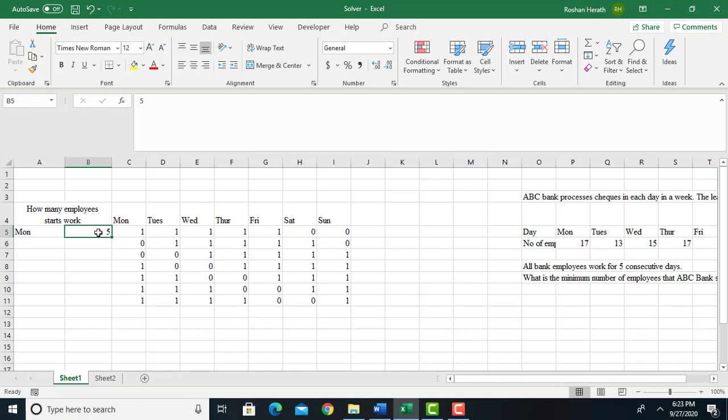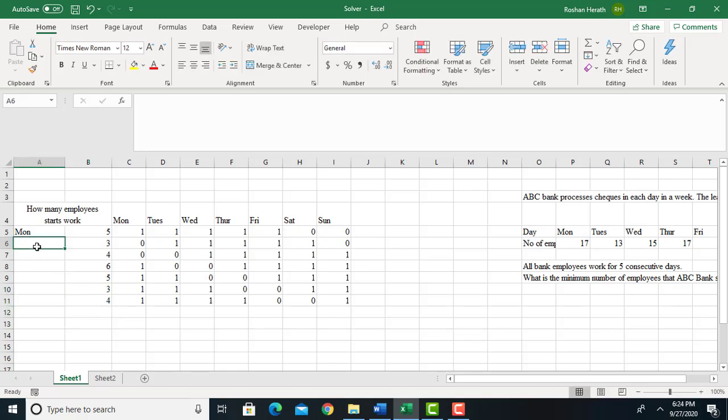We assume that 5 would start on Monday, 3 on Tuesday, 4 on Wednesday, and 6 on Thursday, maybe another 5 on the next day. So likewise I might assume the number, say another 3, another 4.